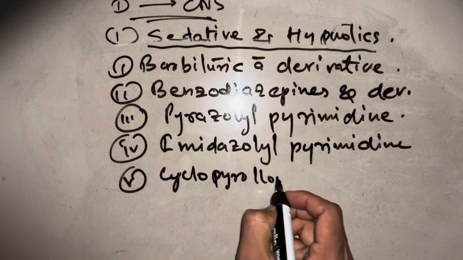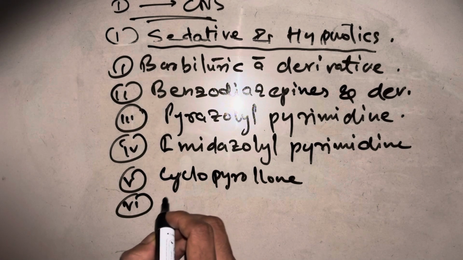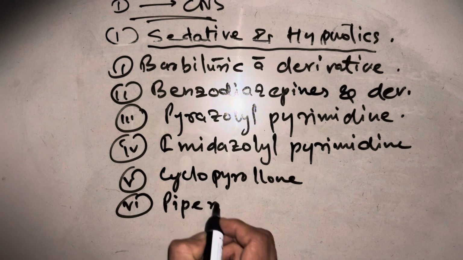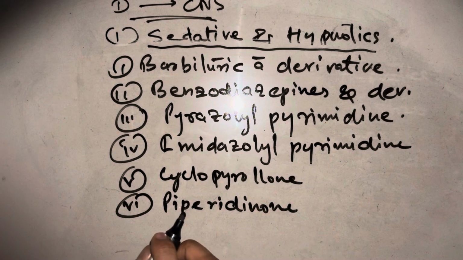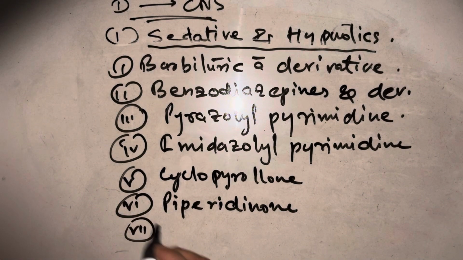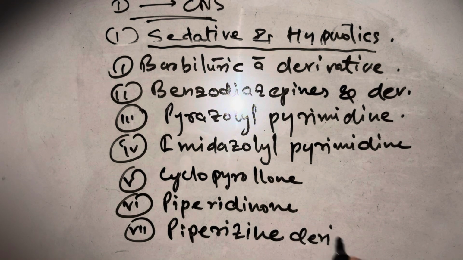Number 6 is piperidinone. Number 7 class is piperazine derivative.